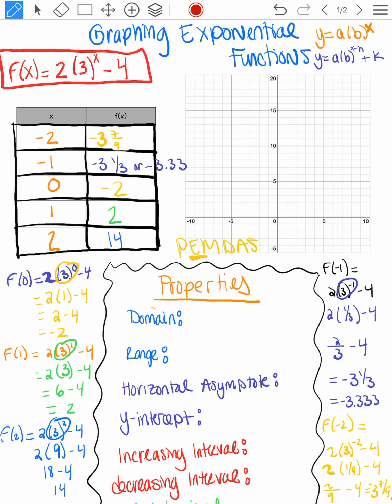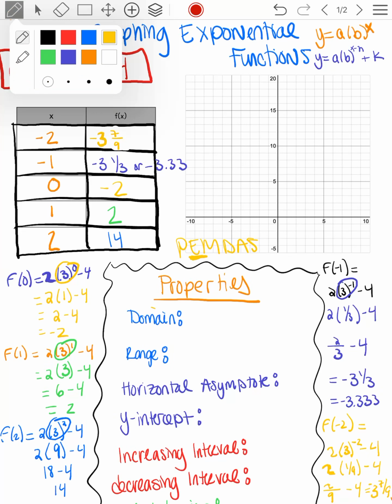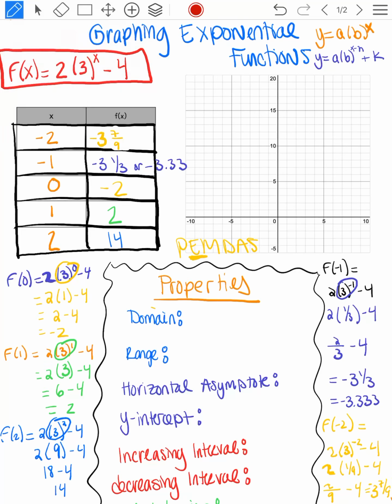Okay, so now I'm going to plot. Make life easy. Plot the easy ones first. So I have 2. I'm going to go over 2 on the x-axis and up to 14. And then 1, 0, -2, -1, -3 1/3.